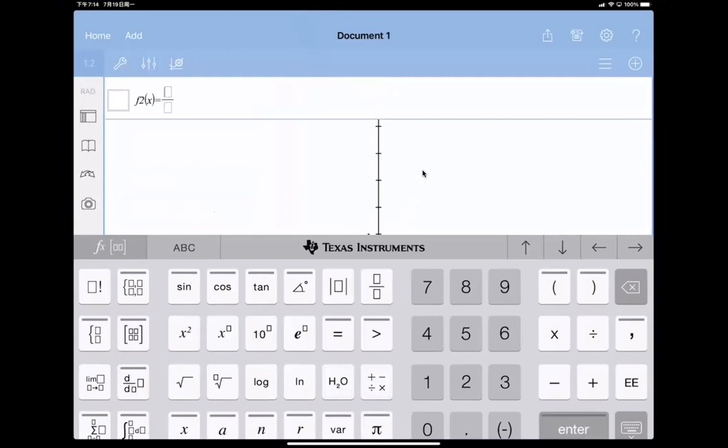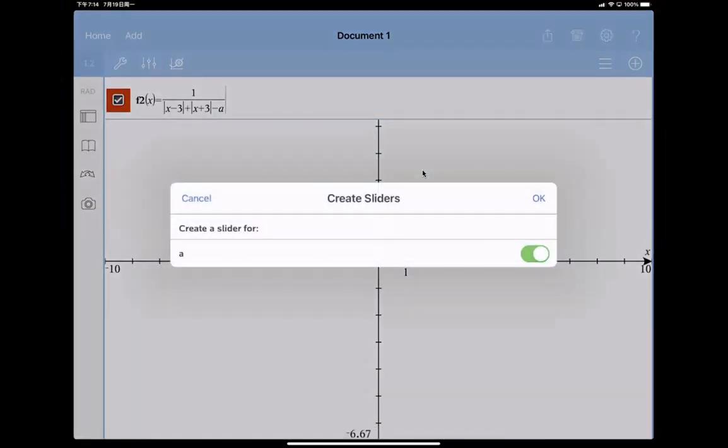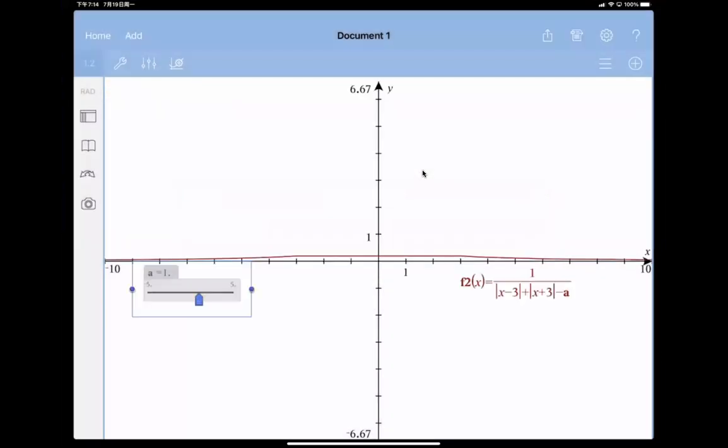And I will directly draw this guy here, 1 over absolute value x minus 3 plus absolute value x plus 3, and don't forget my minus a. Enter. Now I need to create a slider for a.